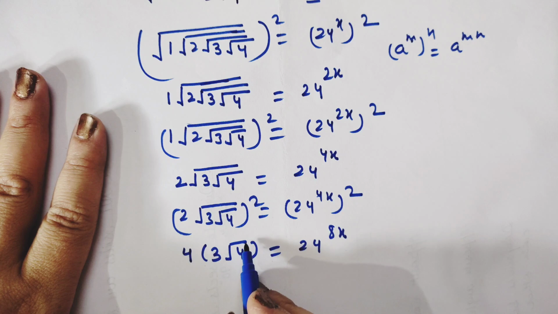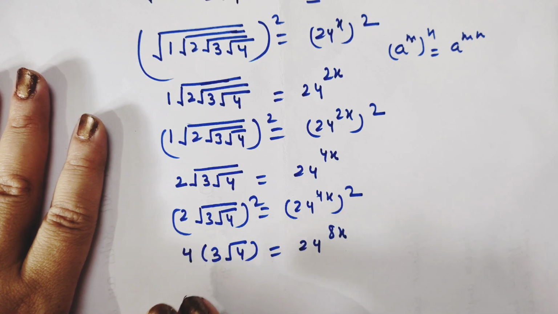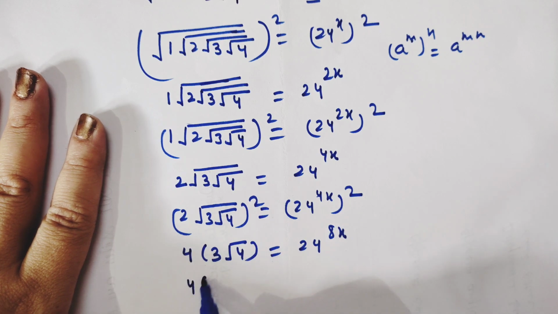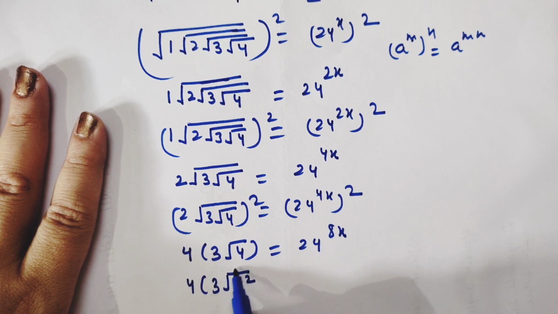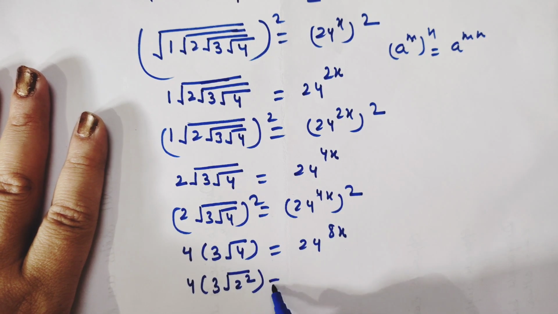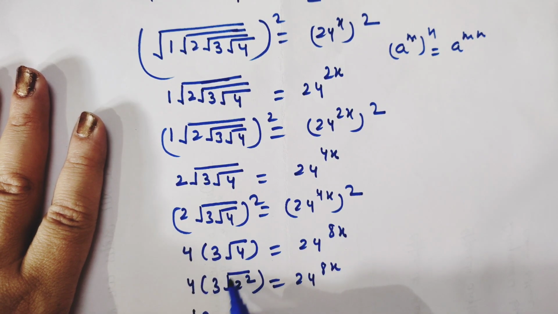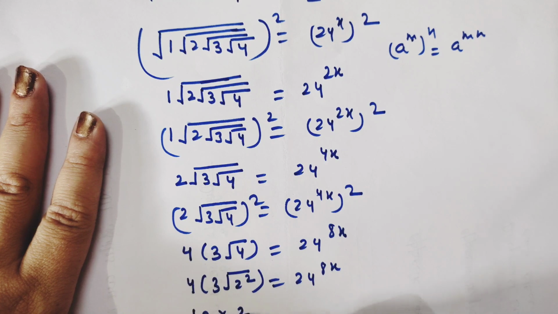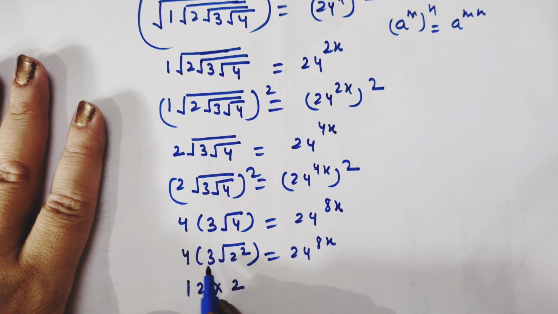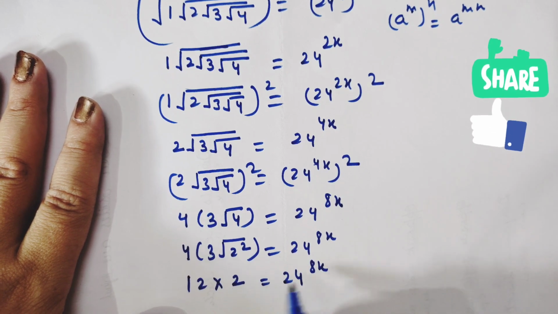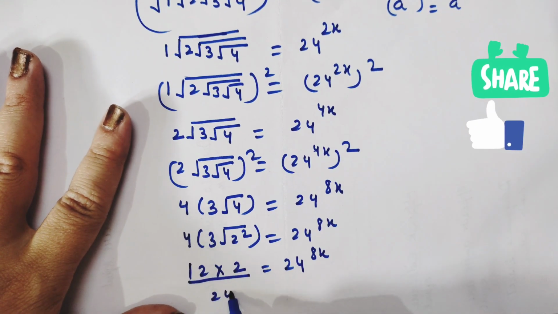This root 4 we do not need to square again, because we already know that 4 can be written as 2 squared. So this square cancels out this square root, and it becomes 2. Then 4 times 3 is 12, and here 24 to the power 8x. Now 12 times 2 is 24.